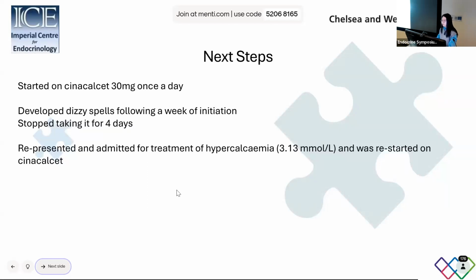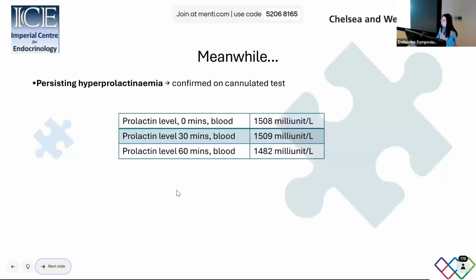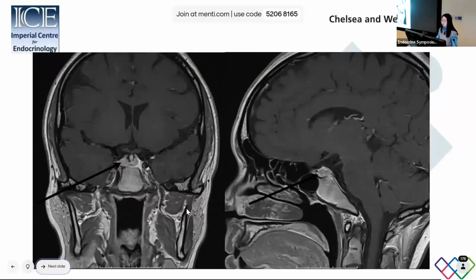On the other hand, in terms of the prolactinemia, we did a cannulated test and noticed that she has persistent hyperprolactinemia. And we thought about looking back on her MRI pituitary scans to see what we can find there. I'm not sure if you can see the arrows, but you can appreciate there may be something within the pituitary area.